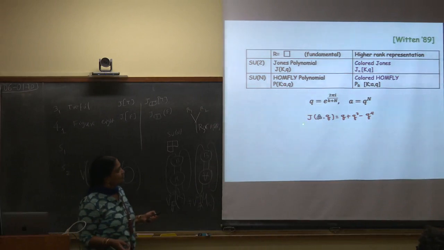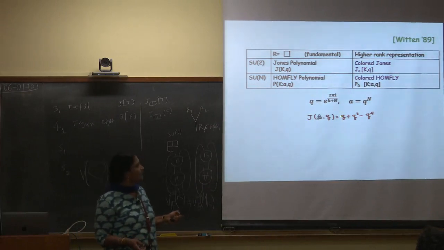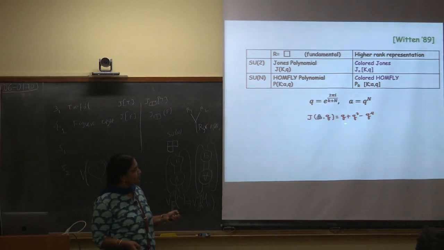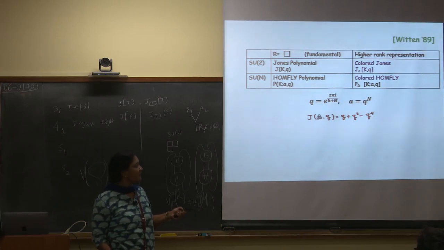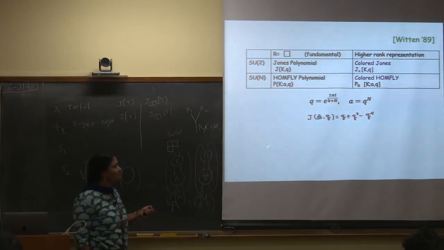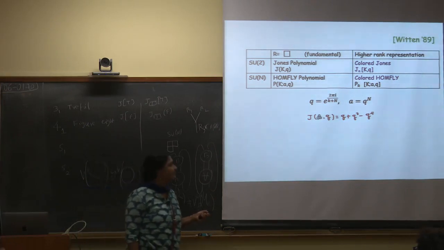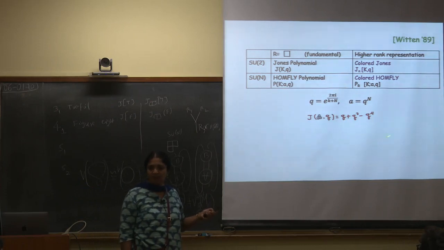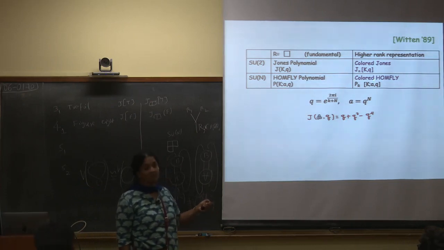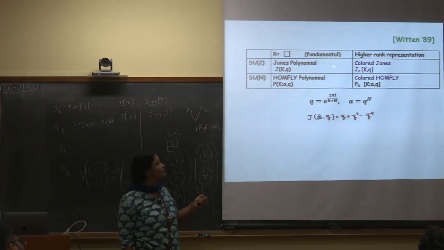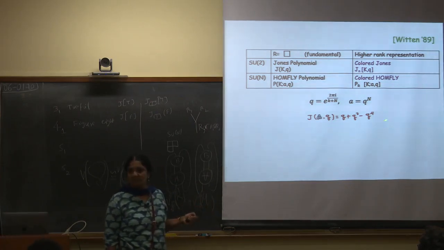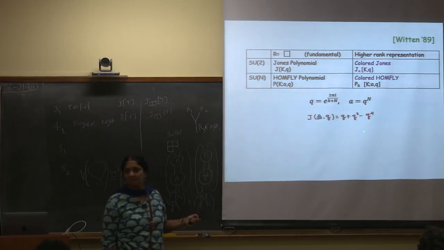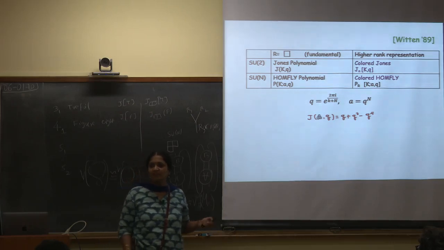The Jones polynomial, for example, is a polynomial in variable q, and what you see is that each of these coefficients is an integer. This appears to be an accident for some knots, but whether we do colored HOMFLY, colored Jones or any of these, we find that this Laurent series expansion with integer coefficients continues.